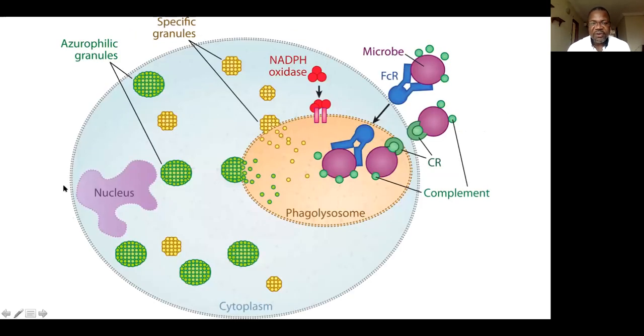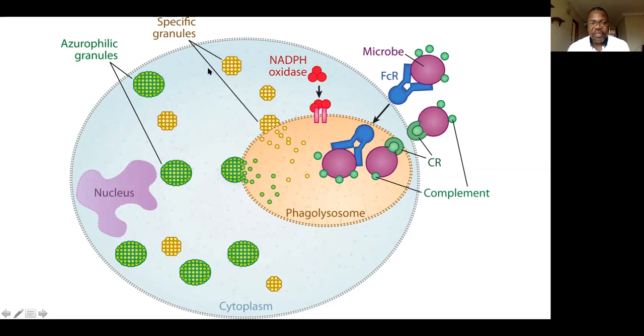So the microorganism is then taken into the cytoplasm of the phagocytic cell. It is taken in, so the pathogens are there. You have the antibodies that are attaching here, or you have the complement if there is complement activation.